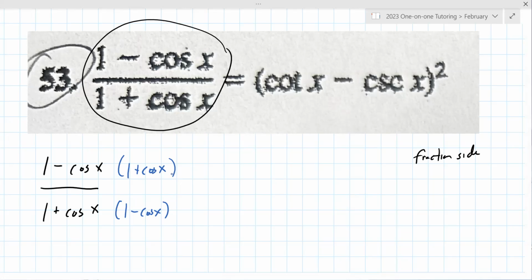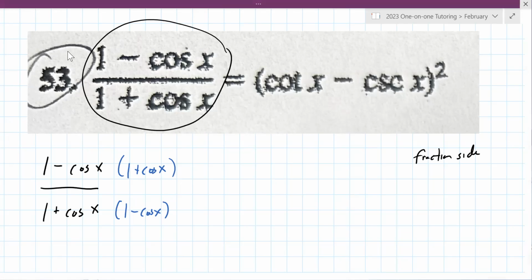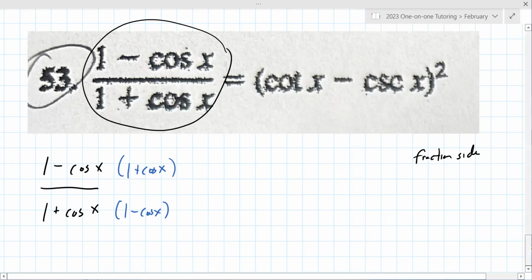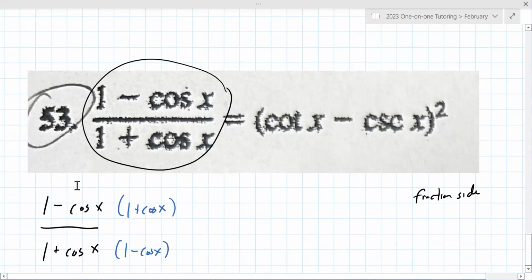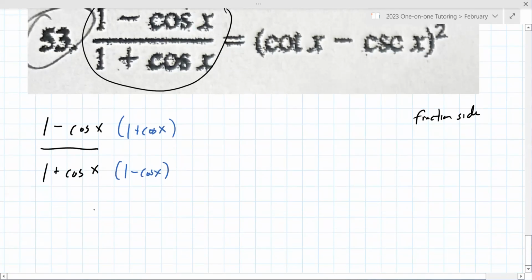Okay, so I want you to multiply the bottom. So it's 1 minus cosine squared x. And so is the top. So what does this simplify to?